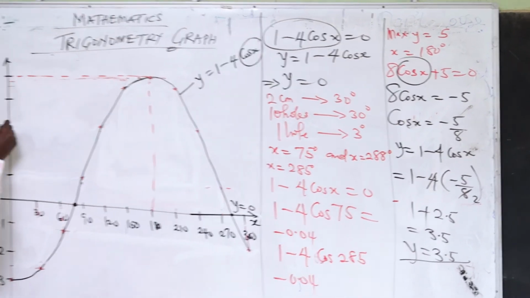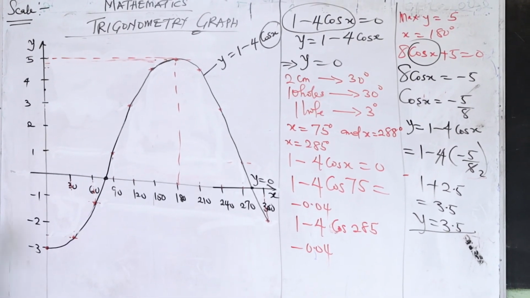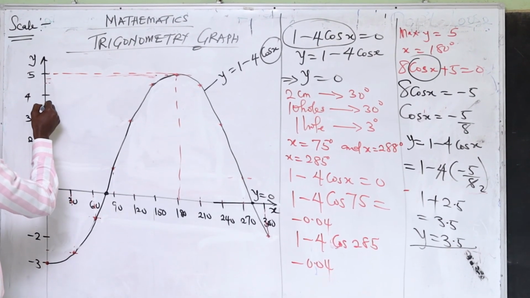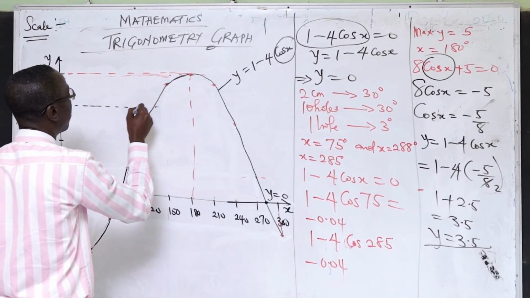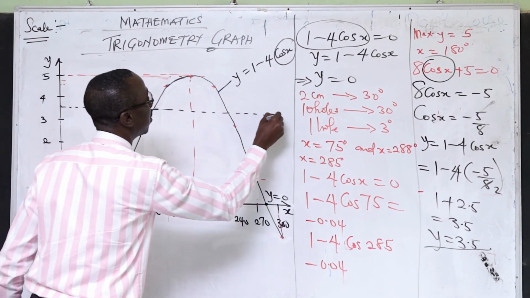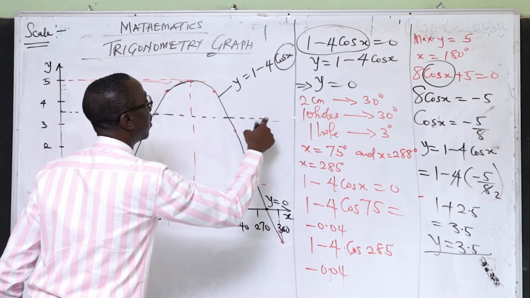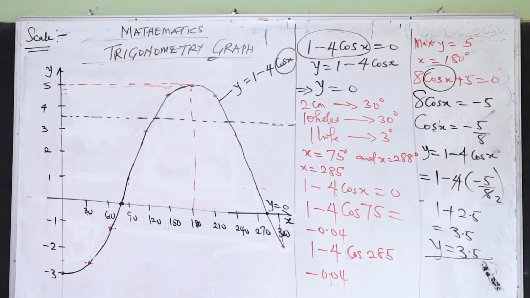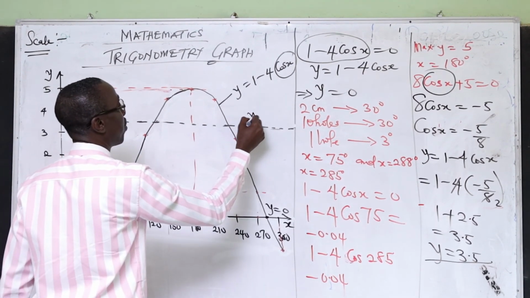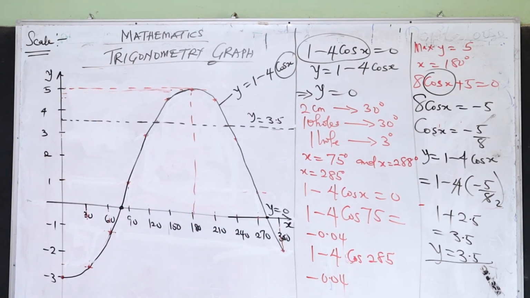As soon as you can get this, your problem is solved. Locate 3.5 on the y-axis. Then put your ruler, let there be a broken line that will go through the curve. With that, you write on that straight line, y is equal to 3.5. Let your examiner know that is the equation of that straight line.